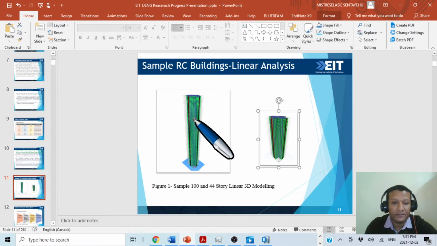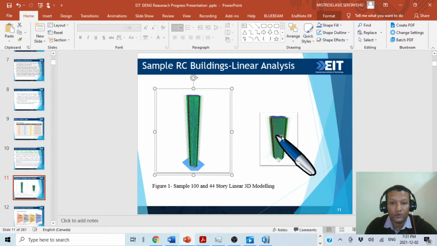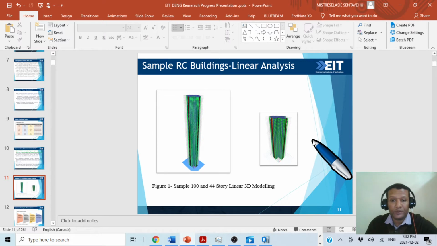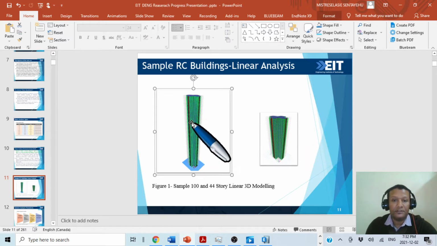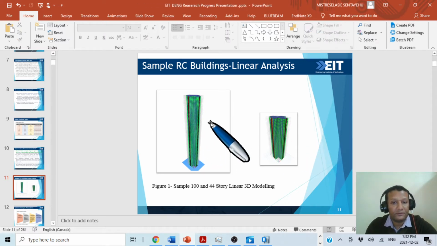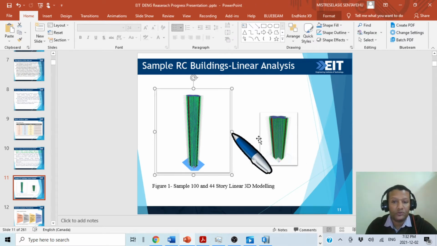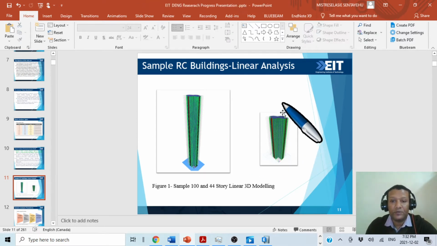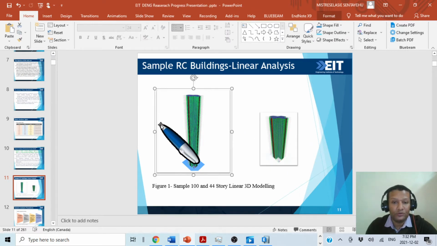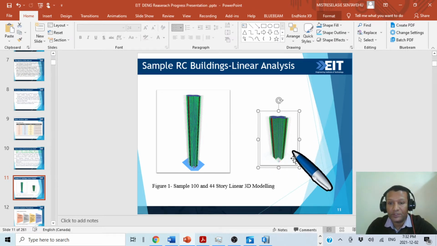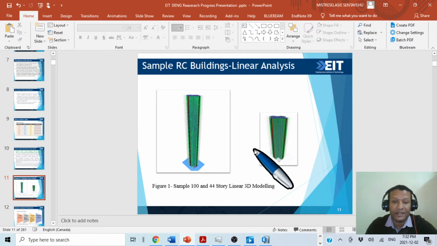Our material properties, load combinations, and the target response spectrum we are using are just our work, and we can use different codes to compare with it, and we can do a lot of things with these two models. These are linear models, but we also have nonlinear models. I will show you when we reach them in other videos.